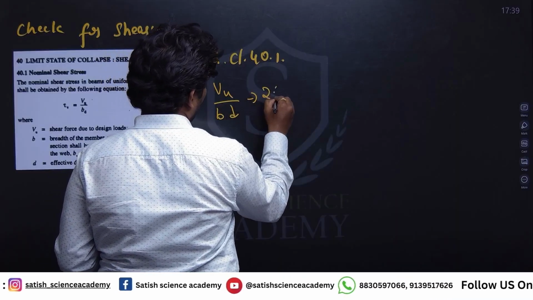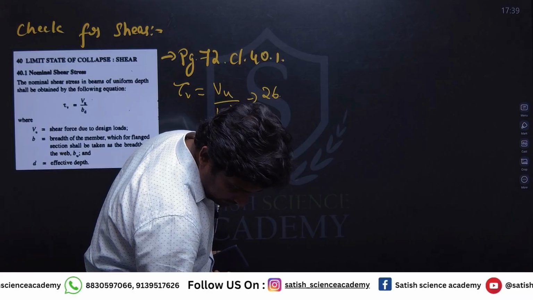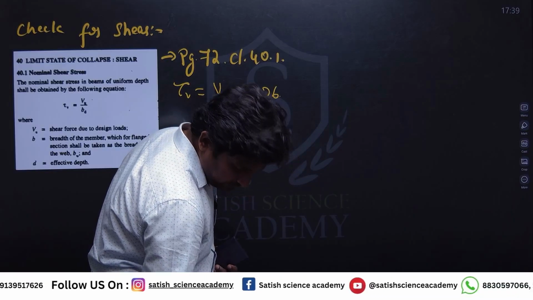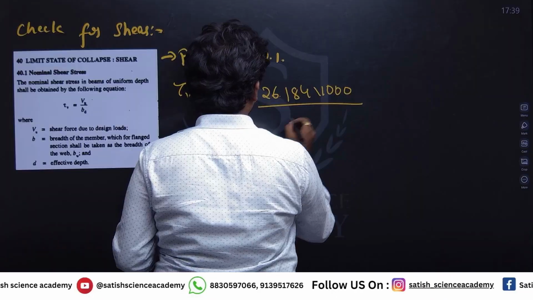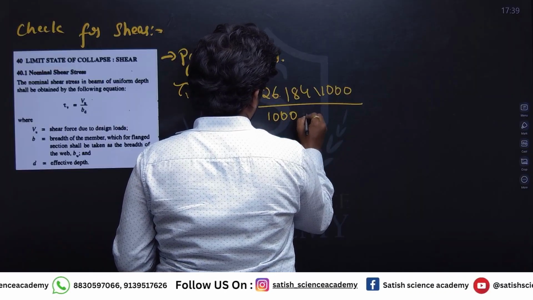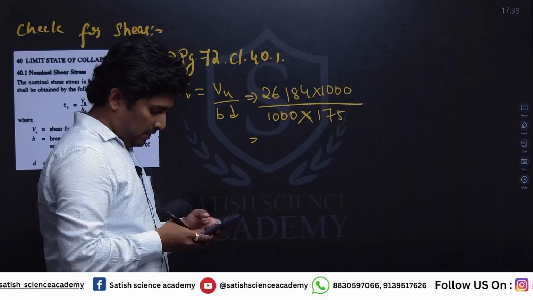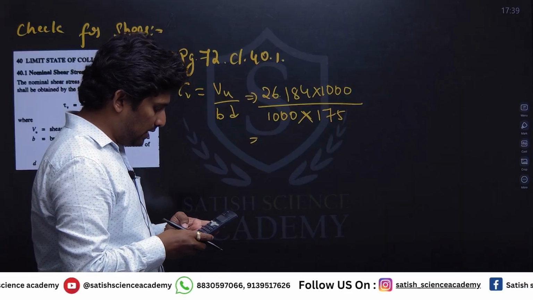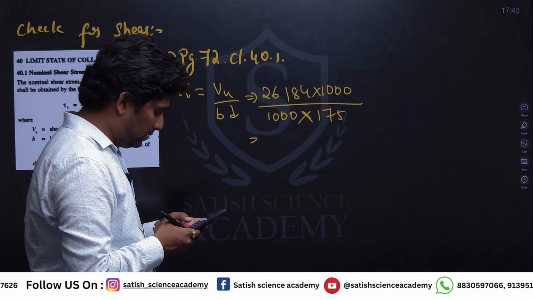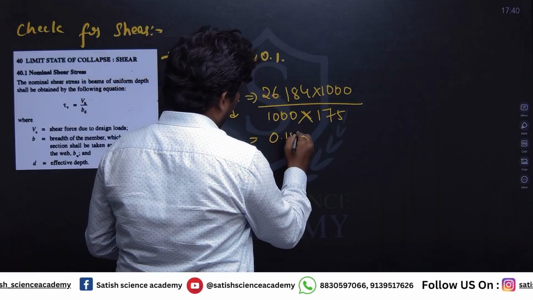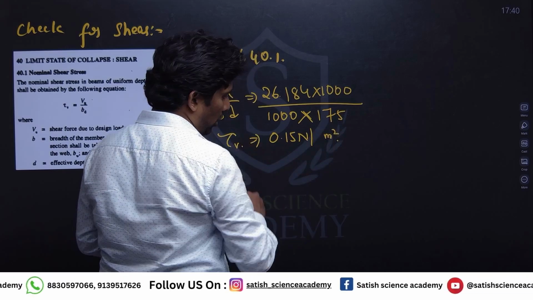Vu is 26.184 into 1000, divided by b value, which is per meter length, that is 1000, into 175. So this value is 0.15 Newton per mm square. You got tau v, the nominal shear.